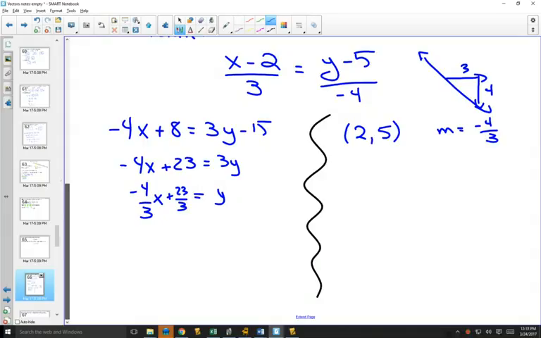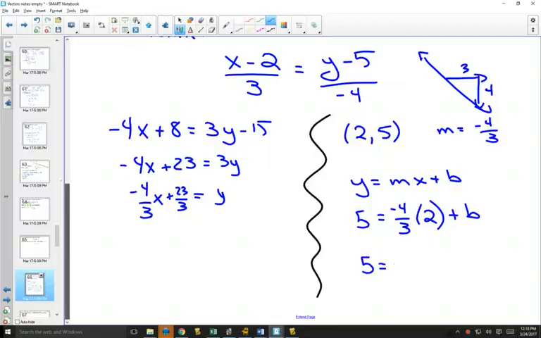Using y equals mx plus b, I know that when x is 2, y is 5. I know my slope is negative 4/3. If I multiply this out, I'm going to get 5 equals negative 8/3 plus b. Add 8/3 to the other side. I get 23 over 3 equals b.